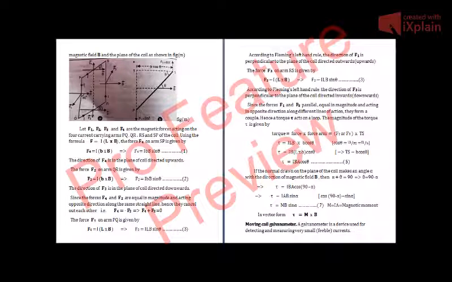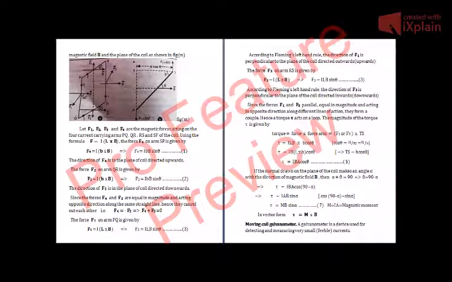Since theta is 90 degrees, we can simply write F4 equals I b B. Now the direction of F4 is in the plane of the coil, directed upwards. If you apply Fleming's left hand rule, you can see that F4 is along the plane of the coil but directed upwards, as you can see from the figure.